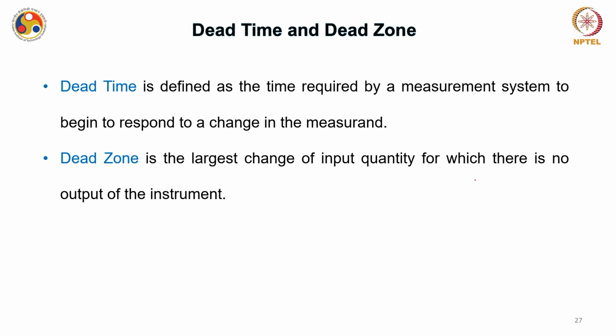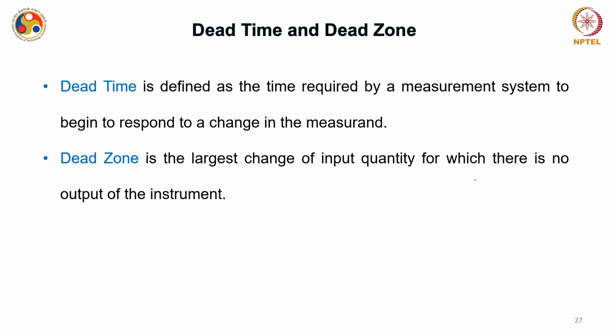Now, another very important characteristic is the dead time and dead zone. Dead time is the time required by a measurement system to begin to respond to a change in the measurand, and dead zone is the largest change of the input quantity for which there is no output of the instrument.